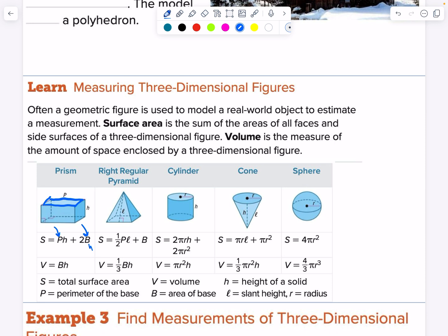Same thing, this B is talking about the area of that base. So anytime you see a capital letter in your formula, you need to make note that that is not just a single dimension. That is probably a perimeter or an area of something that you would call the base. And they do a good job down here of really drawing attention to that.